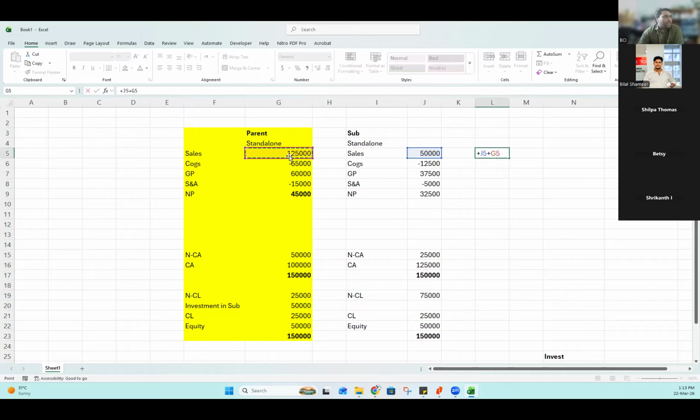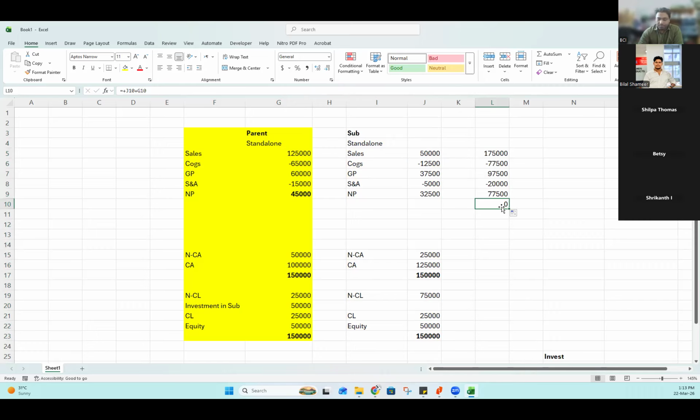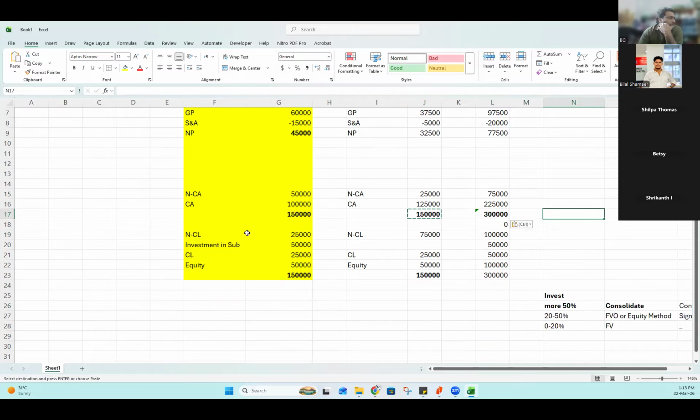We will simply add the sales together. Everything we add together. Okay. And coming to the asset side, we also do the same thing. But you will see one problem here. Oh, investments.